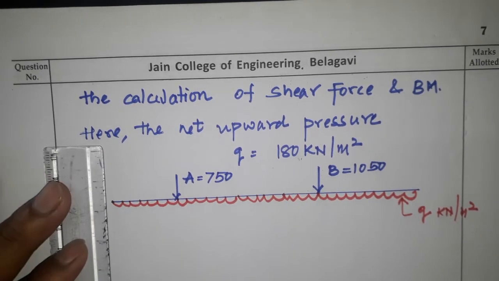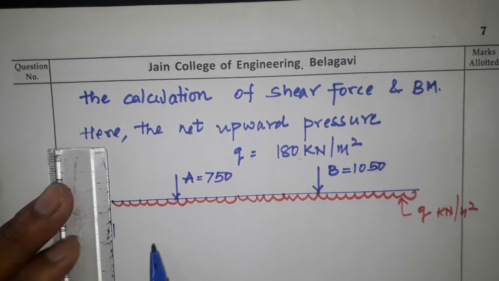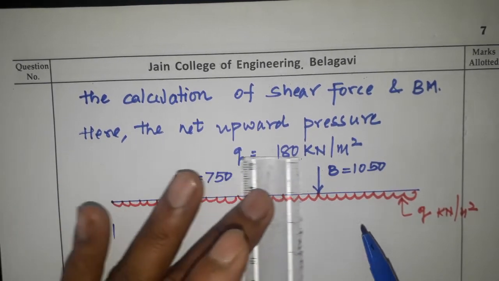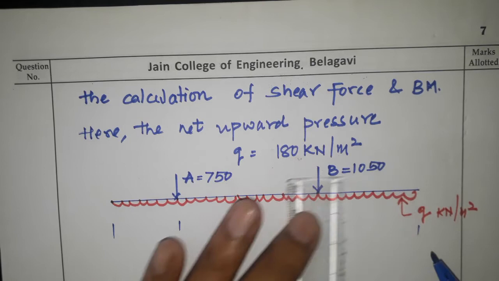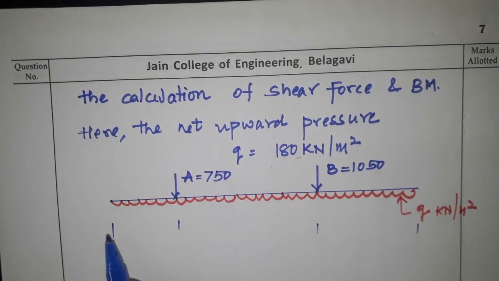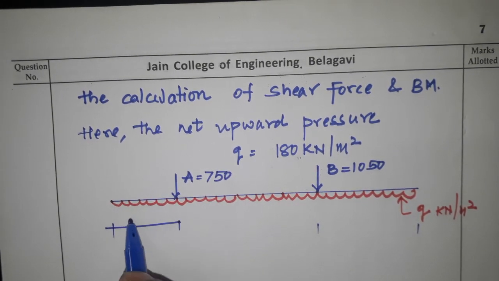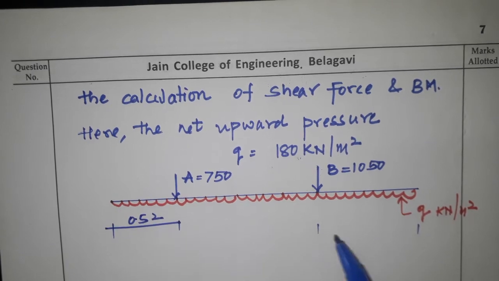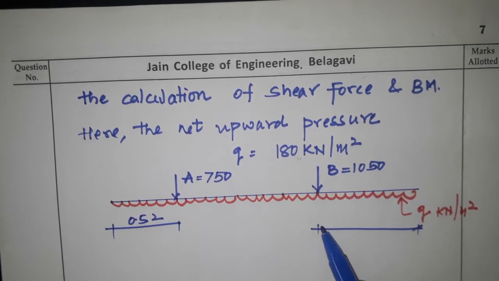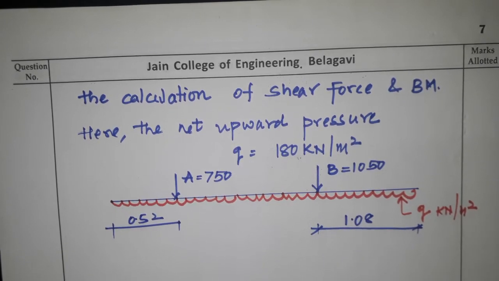We also have the offsets with respect to column A and column B. From column A we have got this offset as 0.52 and this offset as 1.08. Both offsets we have calculated.